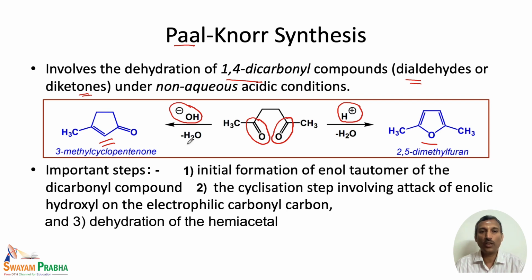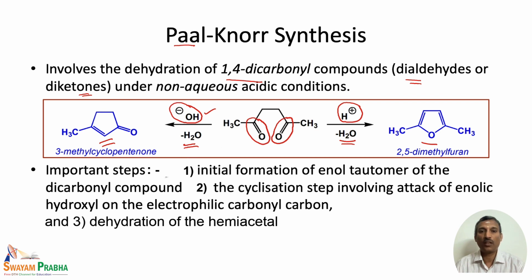So in both cases a water molecule is lost, but under different reaction conditions, whether acidic or basic, the final product changes. That is the reason we have to choose the right condition for the heterocycle formation.